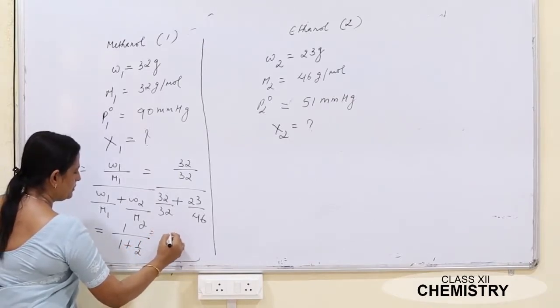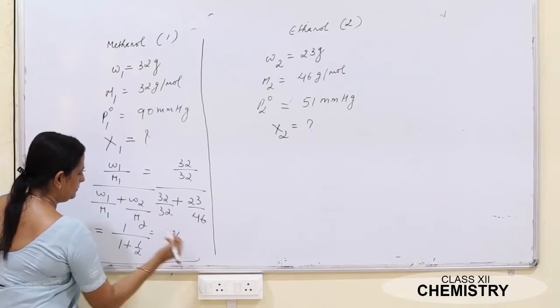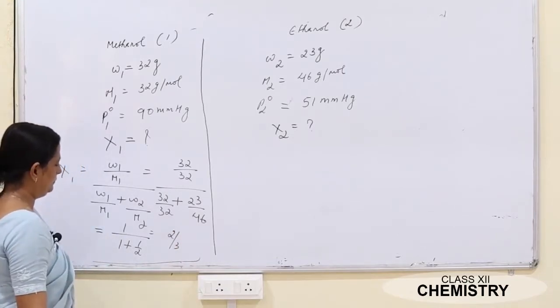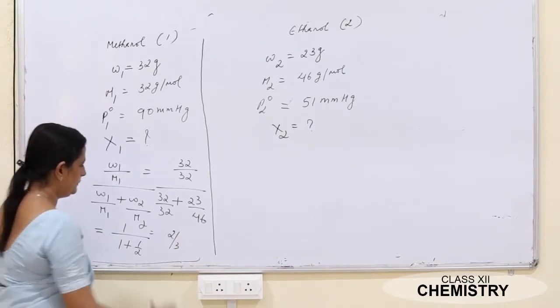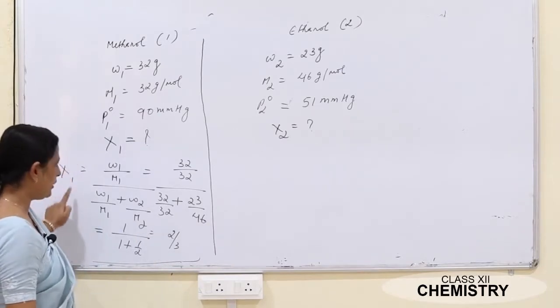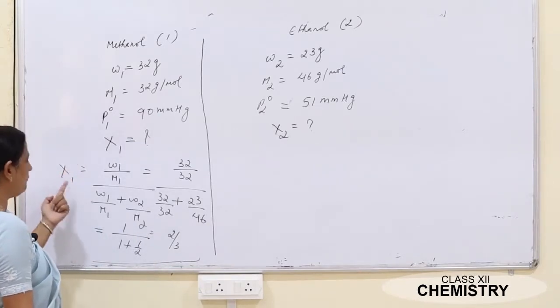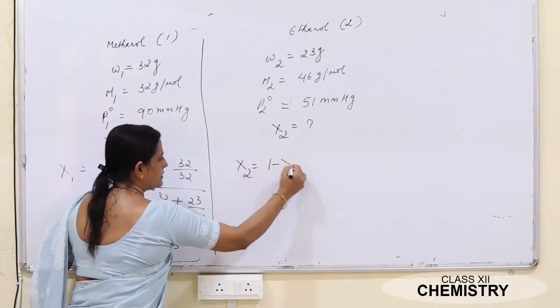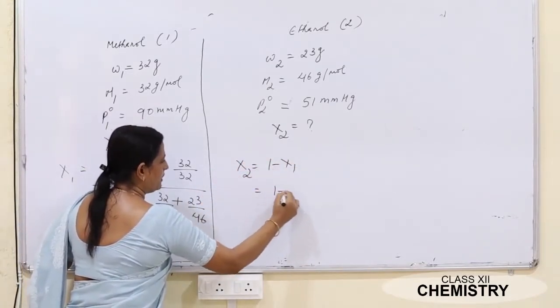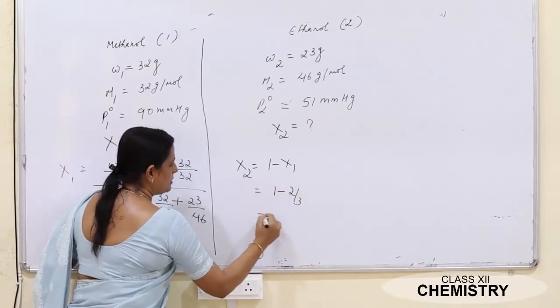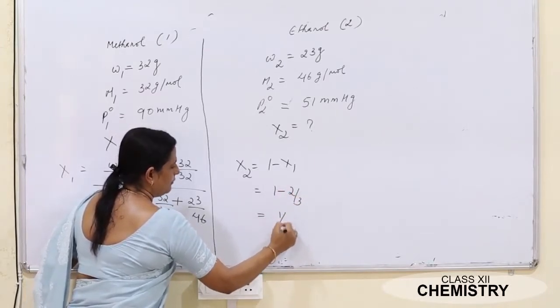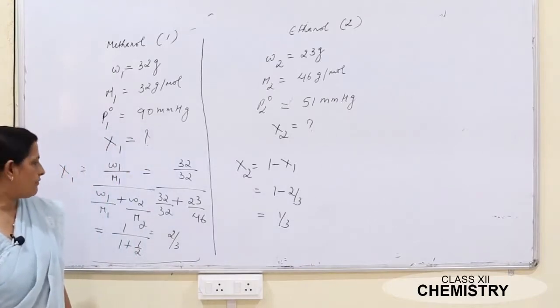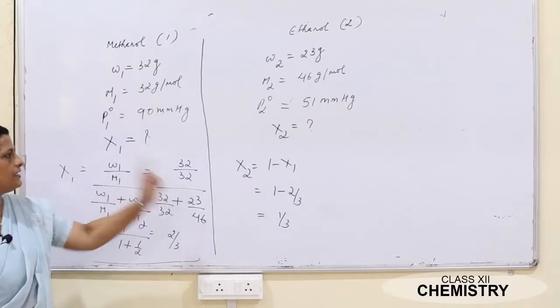So that will be equal to 2 by 3. So this is the mole fraction of component 1. So if you have got the mole fraction of component 1, the mole fraction of component 2 you can easily find out. 1 minus x1. So it will be how much? 1 minus 2 by 3. So it will be 1 by 3. So you have got the mole fraction of component 1 and component 2.